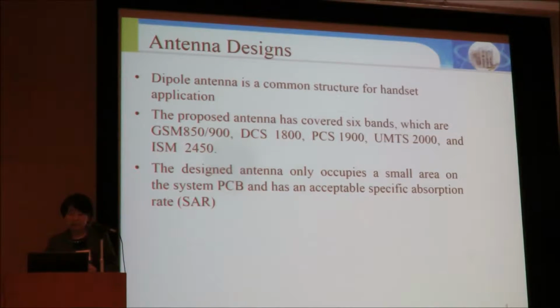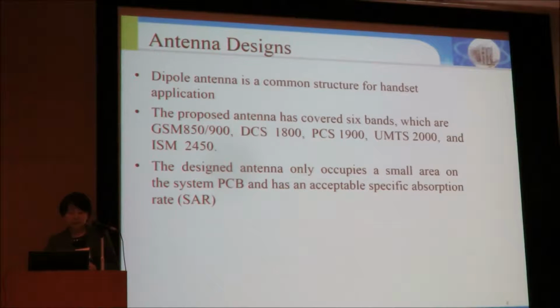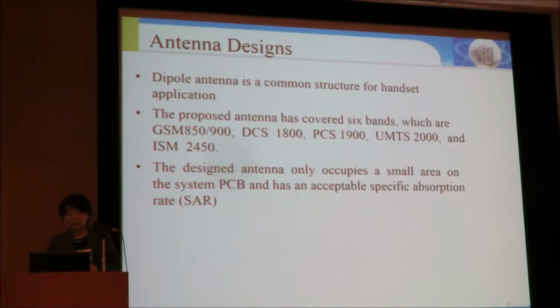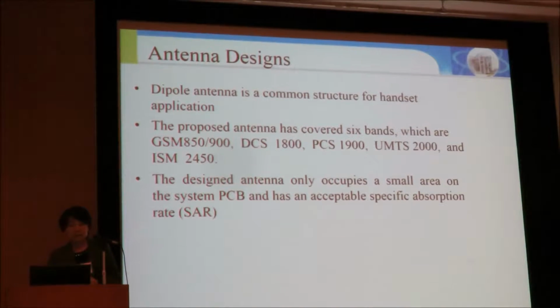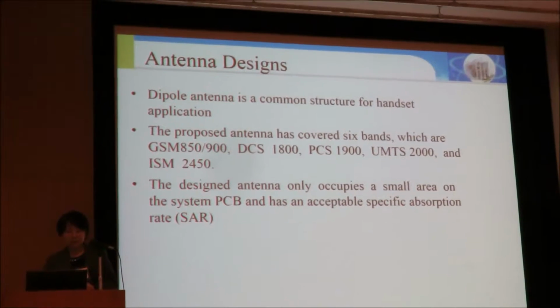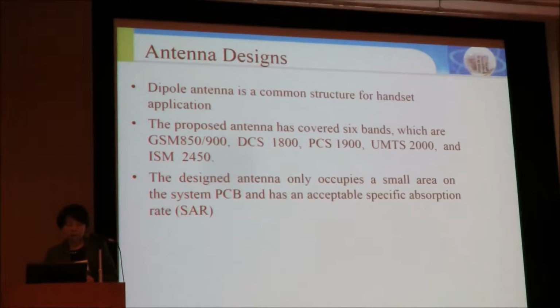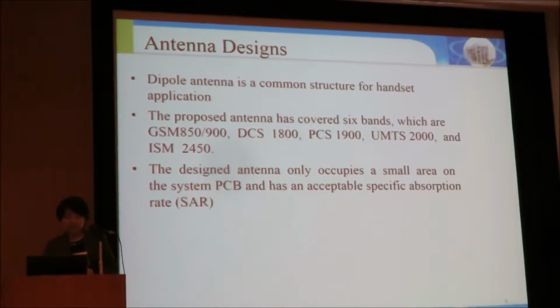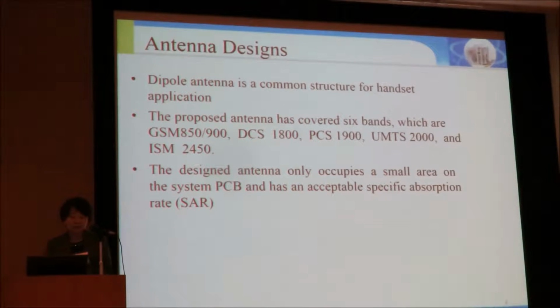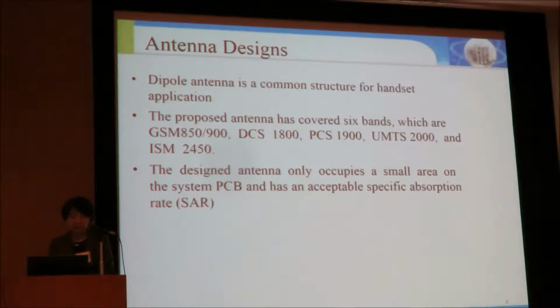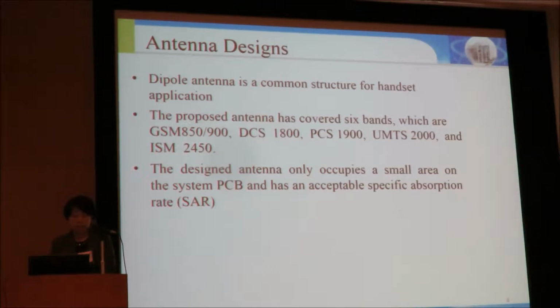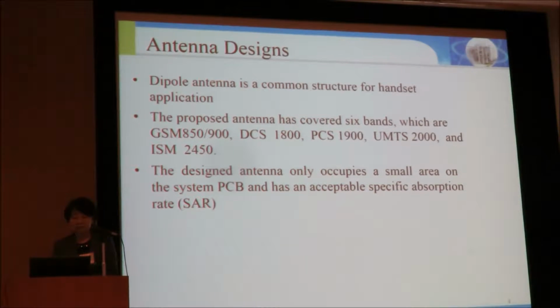It covers 6 bands, which are GSM 850, 900, DCS 1800, PCS 1900, UMTS 2000, and ISM 2450 MHz. In our design, the antenna only occupies a small area on the system printed circuit board and has an acceptable specific absorption rate.